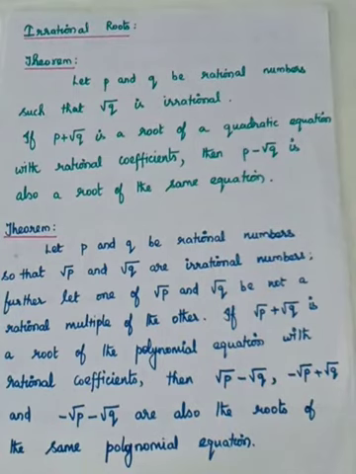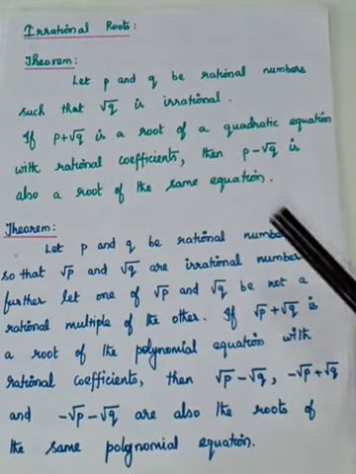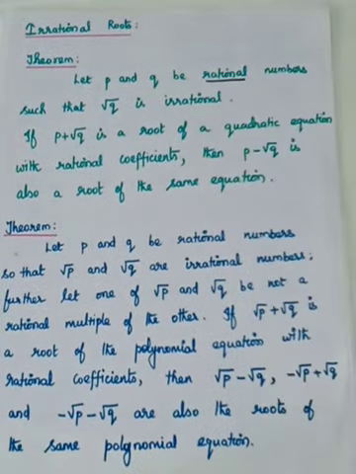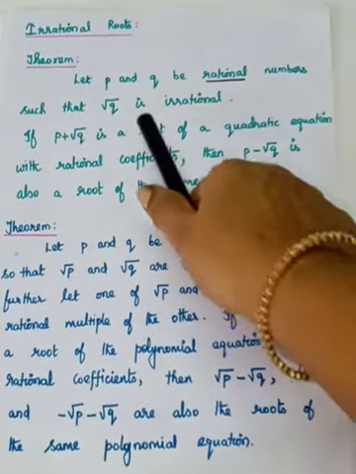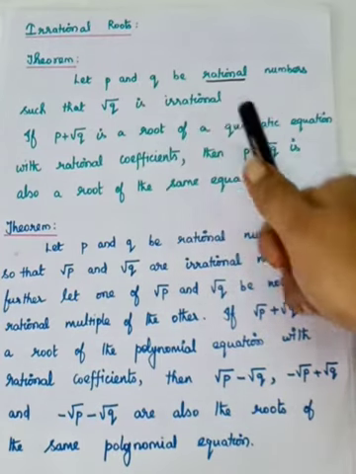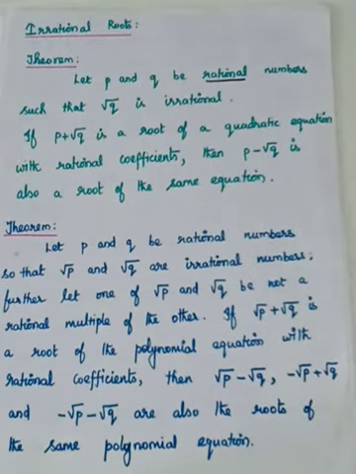Okay, so now the next one, we are moving to the irrational roots. For that you have two theorems. Let p and q be rational numbers such that root q is irrational. So p and q are rational numbers, but root q is an irrational number.